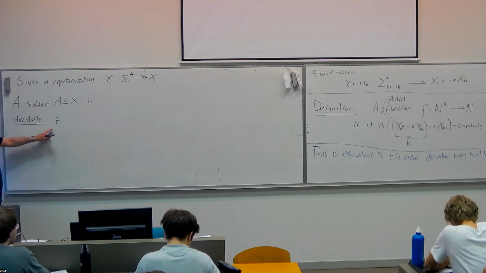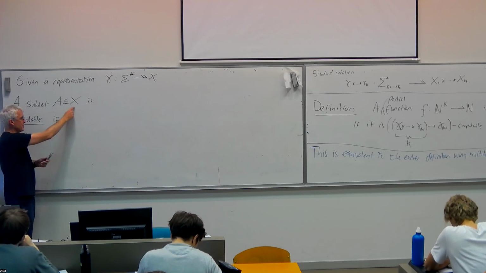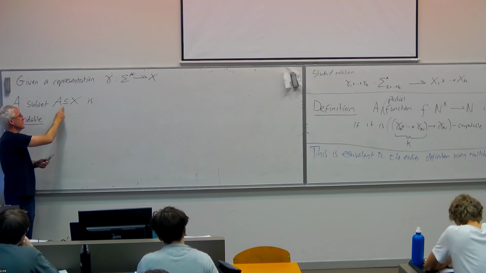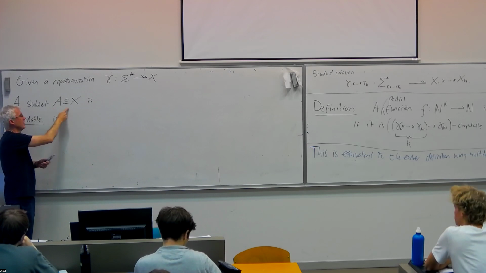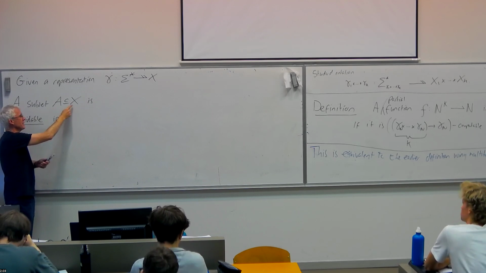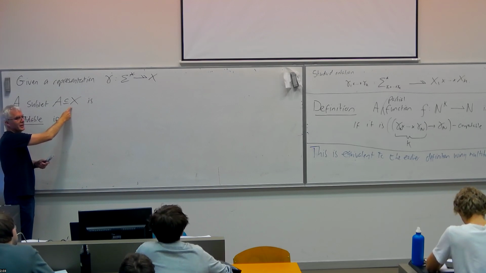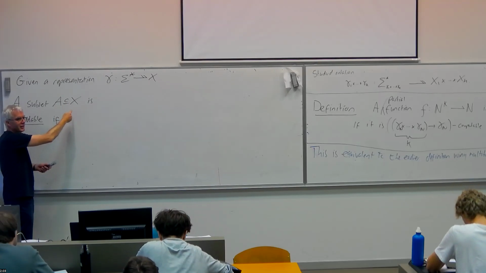So what we're going to require here is that we input essentially an element of X, and we need to go into an accept state if that's an element of A, and a reject state if not. But of course, we can't actually input an element of X, but what we can input is a word representing an element of X.